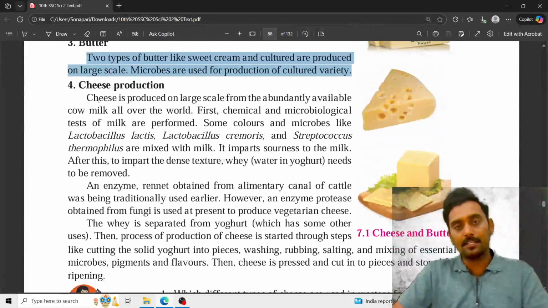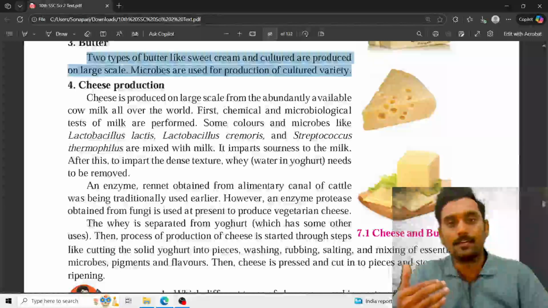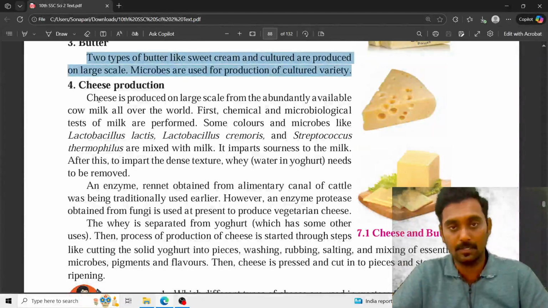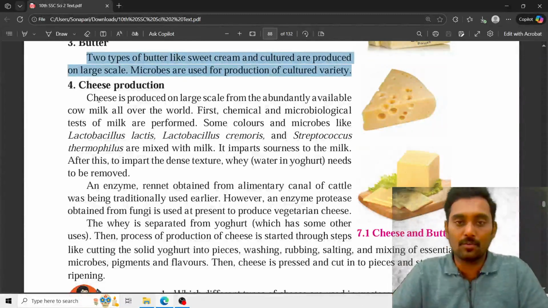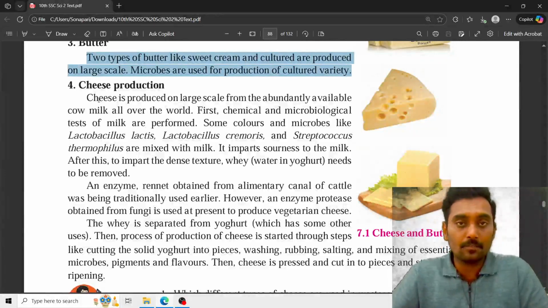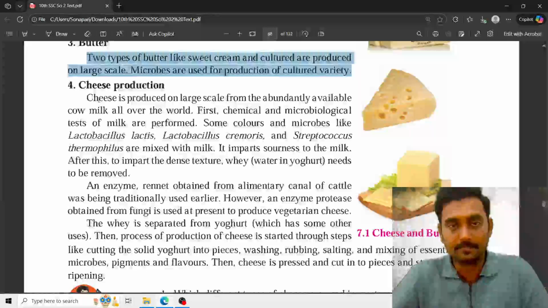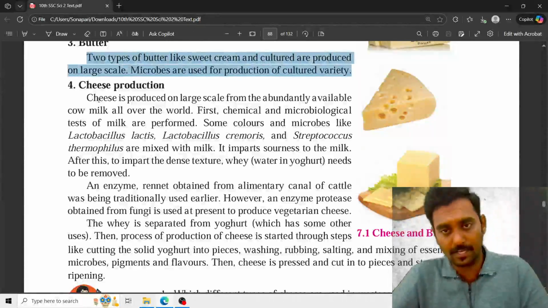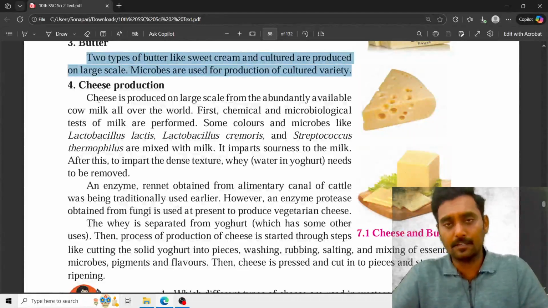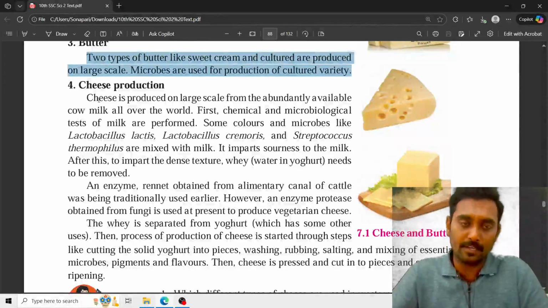Cheese is produced on a large scale from cow milk, which is abundantly available all over the world. First, chemical and microbiological tests of the milk are performed. Why? The quality of the milk should be high, the protein content should be high, and no microbes or any kind of disease should be present in the cow milk.